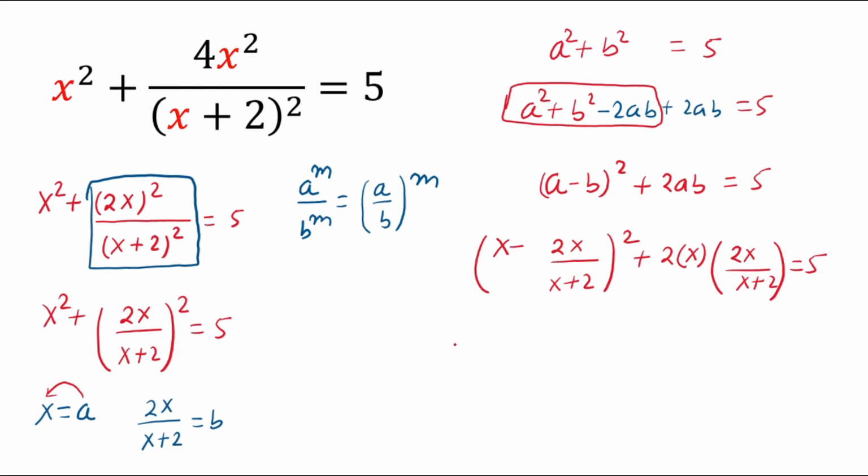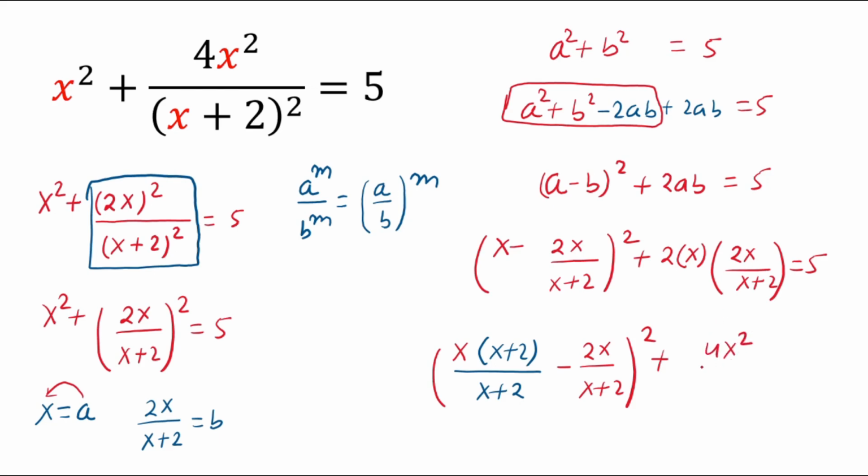Now x, and here denominator is x plus 2, so if we multiply by x plus 2 and divide by x plus 2, minus 2 times x over x plus 2 bracket power 2 plus 2 times x into 2 times x, that is 4 times x square divided by x plus 2, and this is equals to 5.